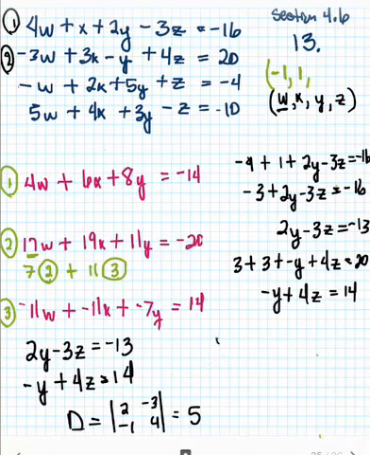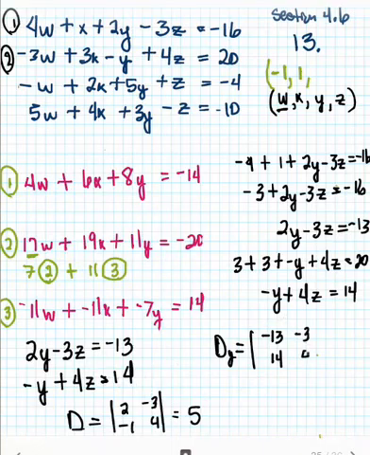Now the determinant with respect to y: I replace the y coefficients with -13, 14, and I'll use -3, 4 right there. When I work this one out, dy, I'm going to get -10. That's cool because now it's really easy to see what y is.